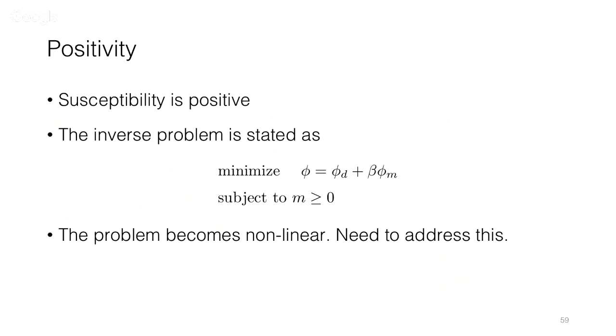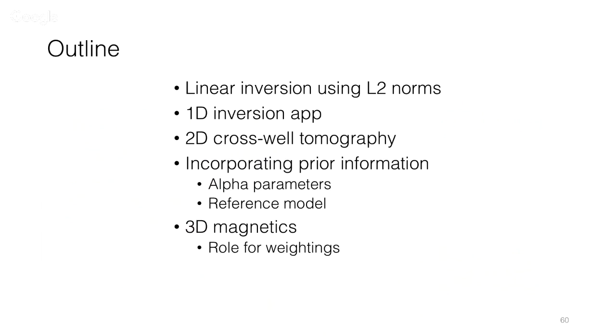Even if this is all quadratic, the moment that you subject it to any kind of constraints or positivity means that you've got to contend with a non-linear problem, and you're going to have to iterate and fix that. So that's kind of where we've been.